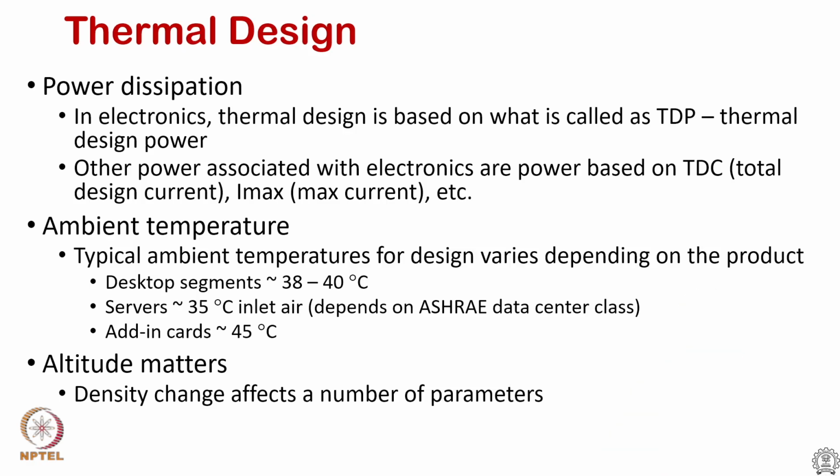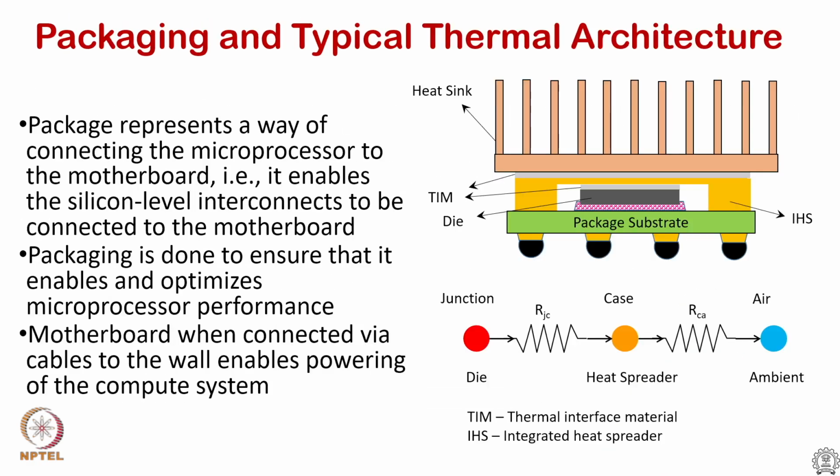What is the resistance? It is the junction temperature of the device minus the ambient temperature where it is dissipating the heat, divided by the power that we need to dissipate. That is the thermal resistance that is required to be met to manage that processor or the package.